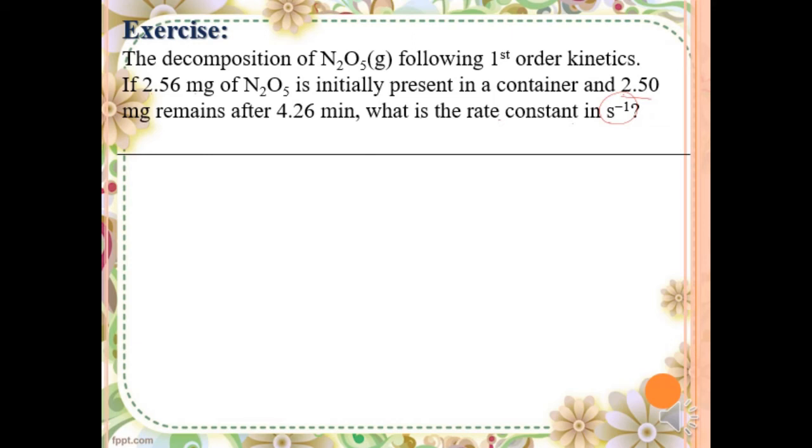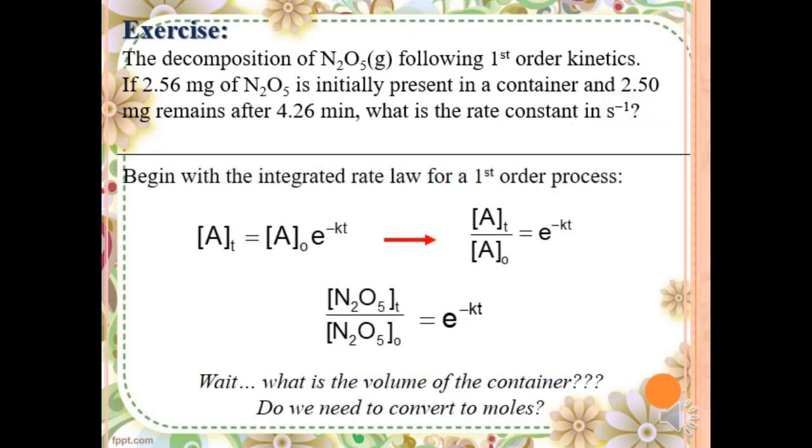So how do we solve this problem? First of all, the first step is to write the integrated rate law for first order process. This is the integrated law for first order process that has been rearranged.